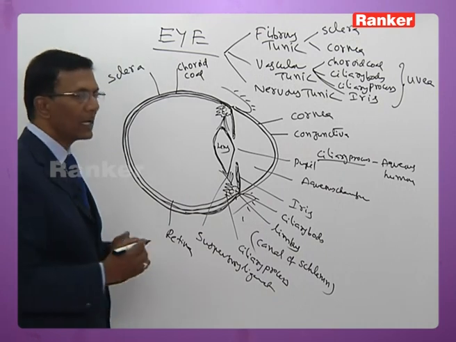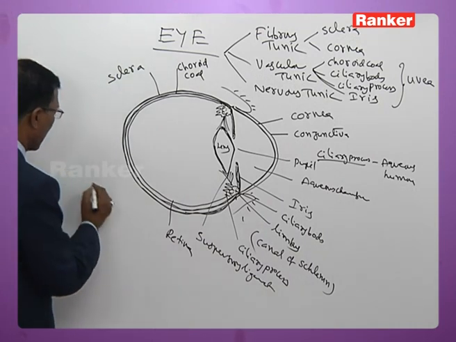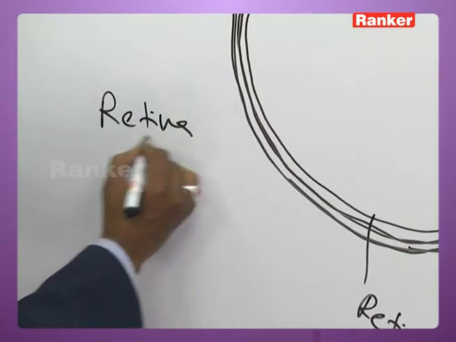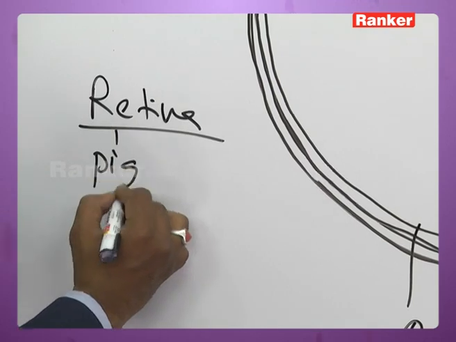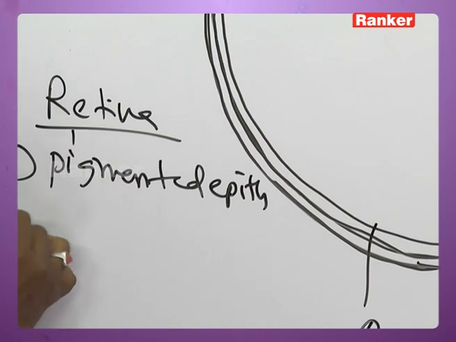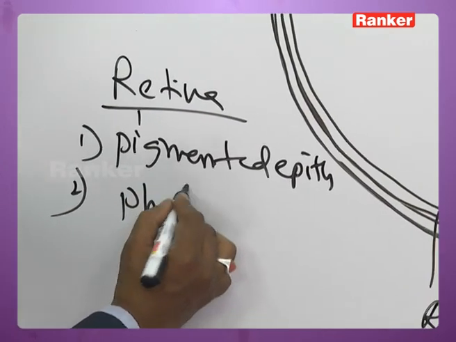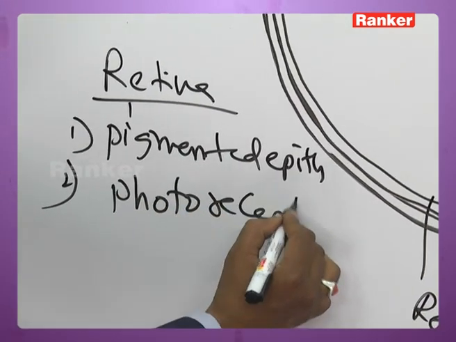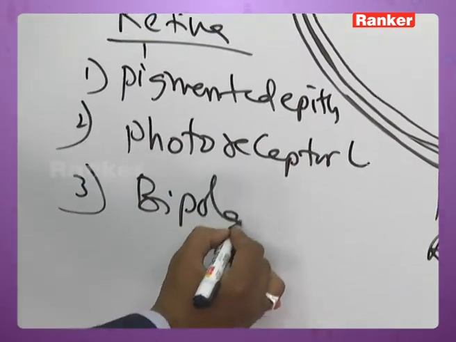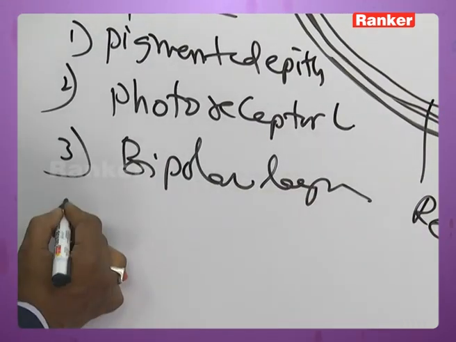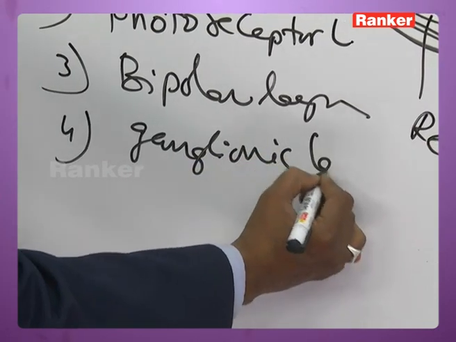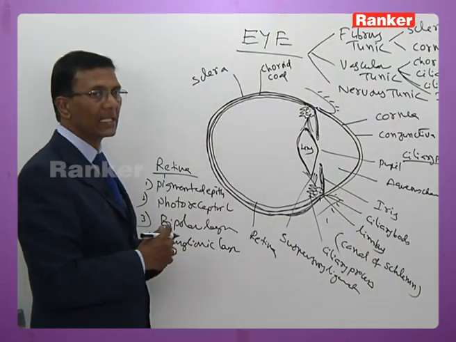Now the retina in turn has an outer pigmented epithelium, below that it has a photoreceptor layer, below this it has a bipolar layer, below this it has a ganglionic layer. And there are 4 layers in the retina here now.